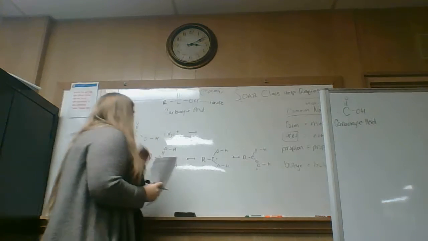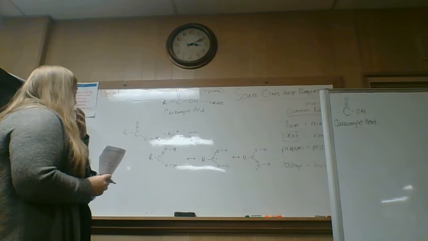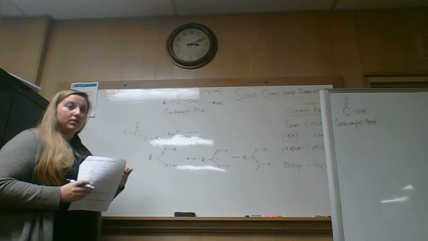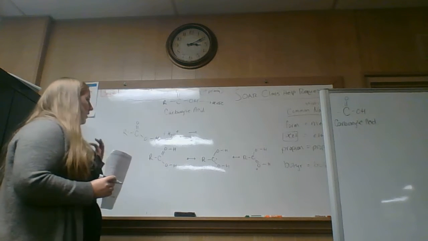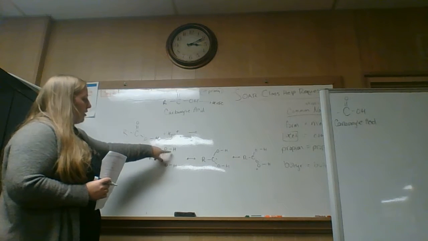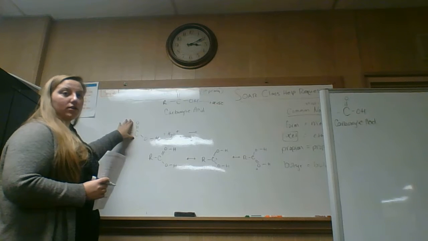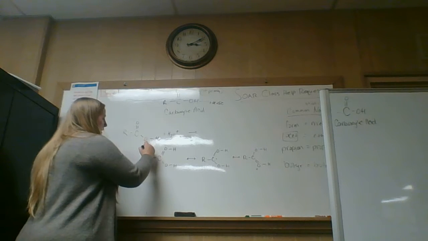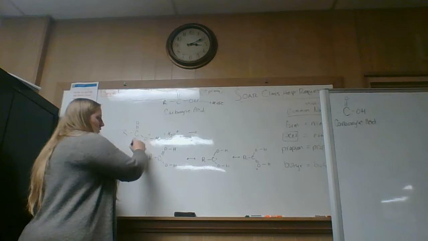So in a basic situation, you're going to protonate the carboxylic acid. I do want to point out where you're protonating, okay? So you're adding the hydrogen to the carbonyl oxygen. You're not adding it here, okay? It's not going to look like this. That's not going to happen.